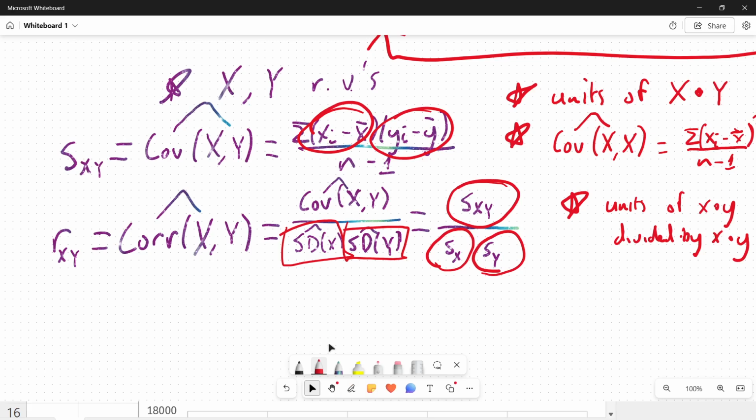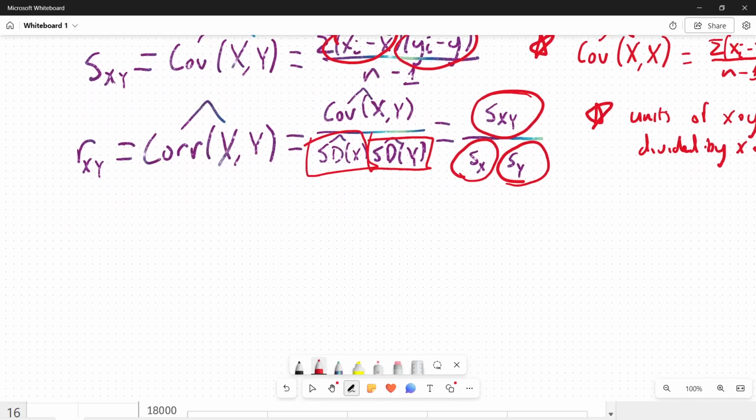Back to the whiteboard. The last piece of this puzzle is not covariance or correlation, but actually something that uses the exact same information as both of these. It's the slope of the regression line I just looked at. We've got a name for that. This one's going to be called beta hat. It's beta 1 hat, which is the OLS slope.